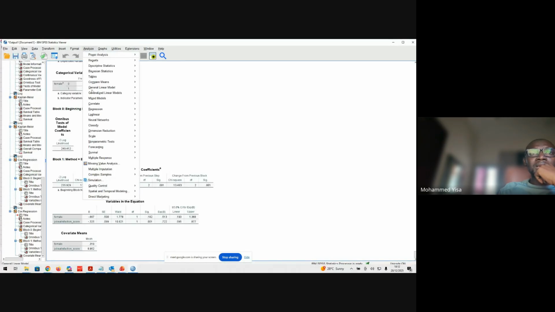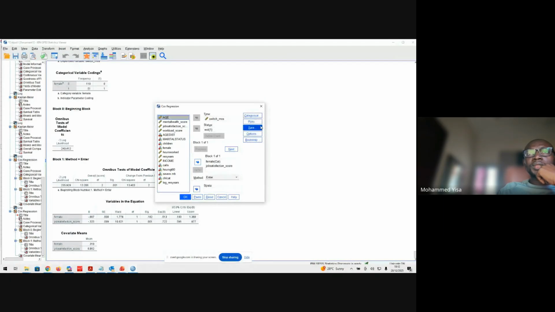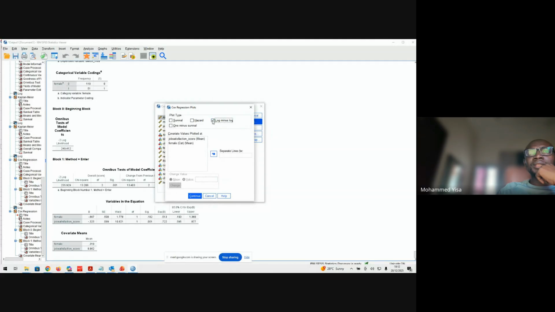In this set of options, it's actually represented by this log minus log plot. For this categorical variable, you would want to input it into this box that says separate lines for.